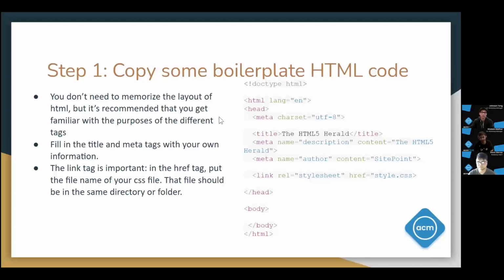You want to fill in the title and the meta tags with your own information, so you can put down your name or the website content, etc. And the link tag is important because in your href, you want to put the file name of your CSS file, and that file should go in the same directory or folder.